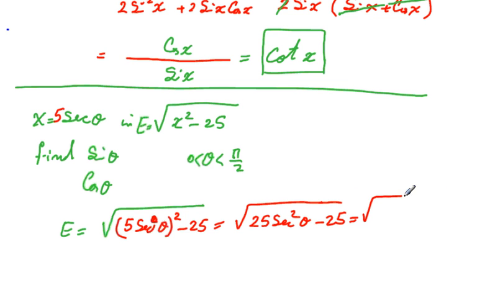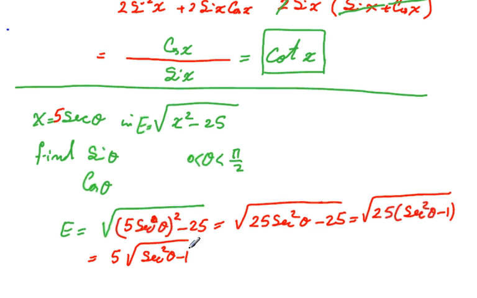I can factor the 25. So 25 comes out of the radical. I have so far secant square of theta minus 1. The question is, do I recognize what this thing is? Secant square of theta, let's see if you remember, these are trig identities from the very beginning.